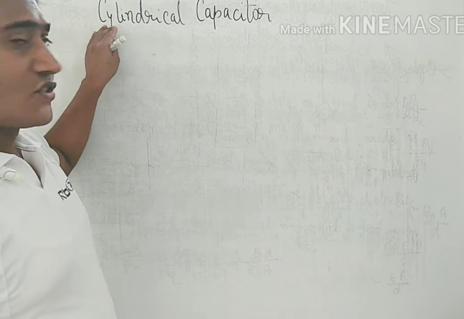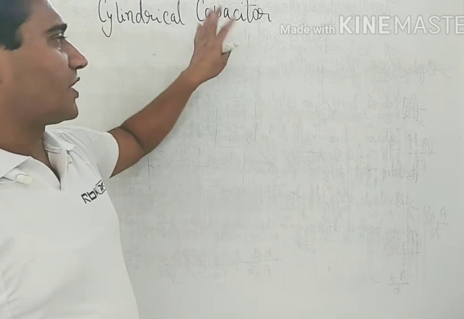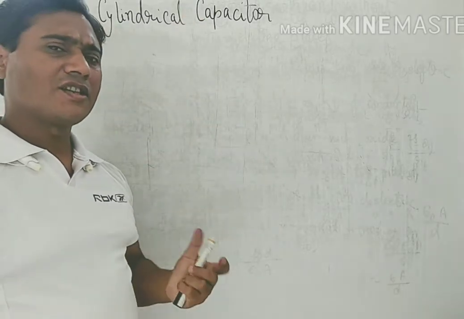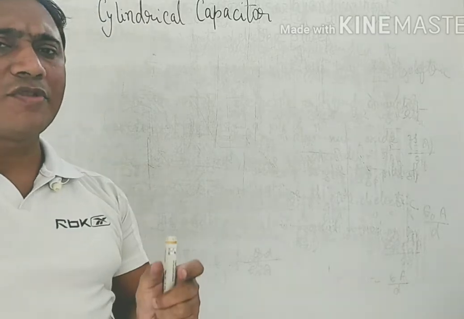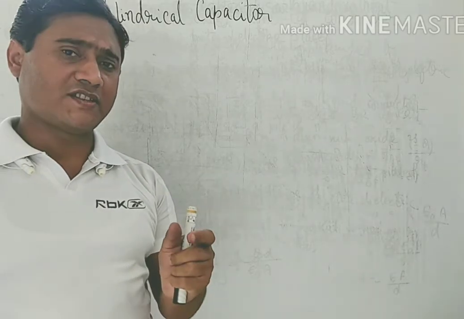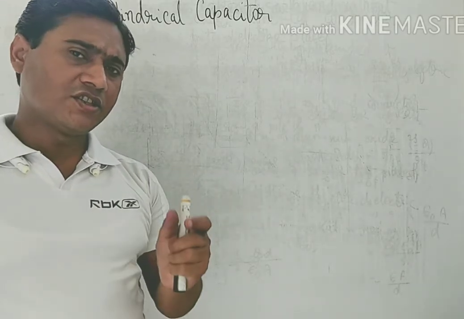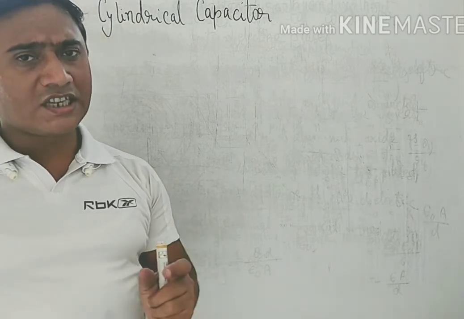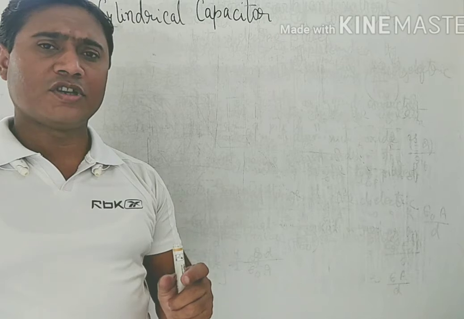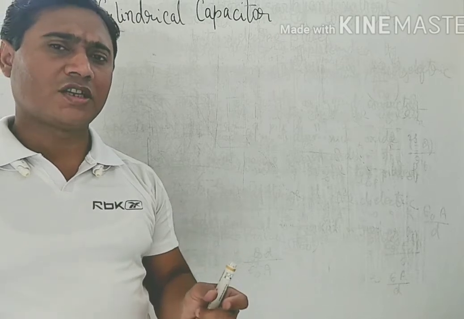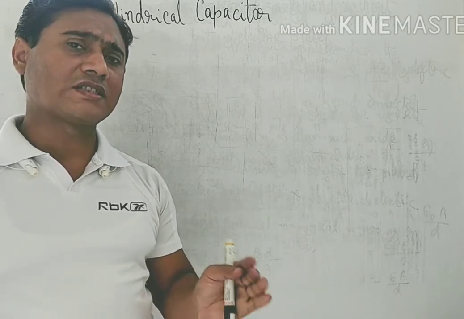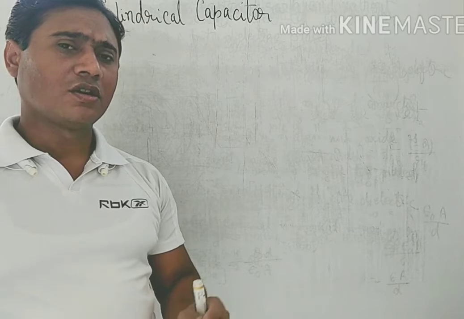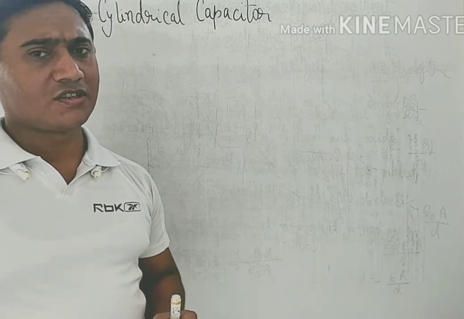Okay, now let's have the next topic, cylindrical capacitor. Cylindrical capacitors are basically made of two coaxial cylinders of the same length having radii RA and RB in such a manner that the outer cylinder is earthed and the inner is given some charges.